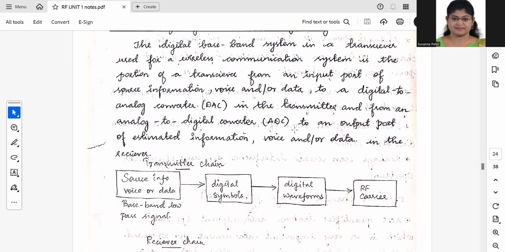Baseband transmission uses the full bandwidth of the channel. You should know that a baseband system always uses the full bandwidth of the channel. Only if you understand this will you understand the next topic. Make a note of it: the baseband transmission uses the full bandwidth of the channel.